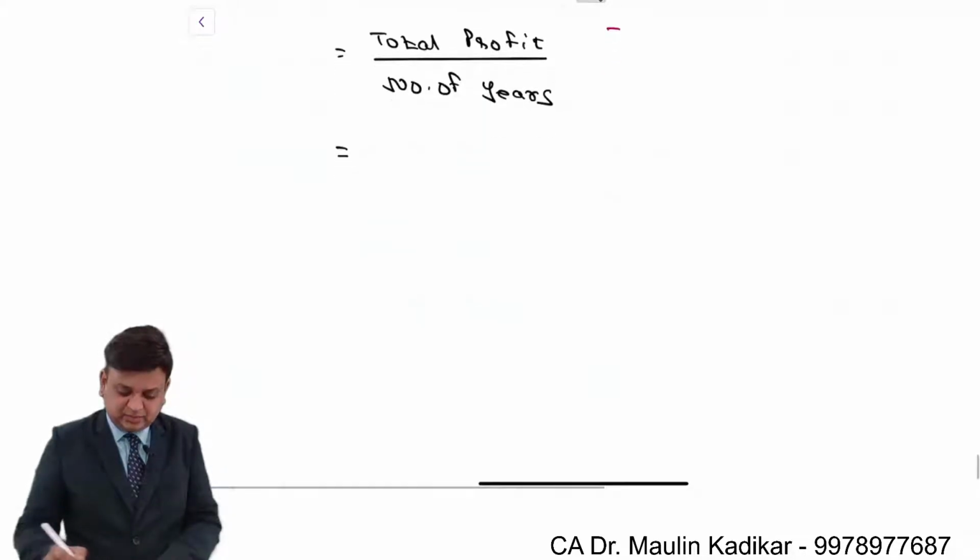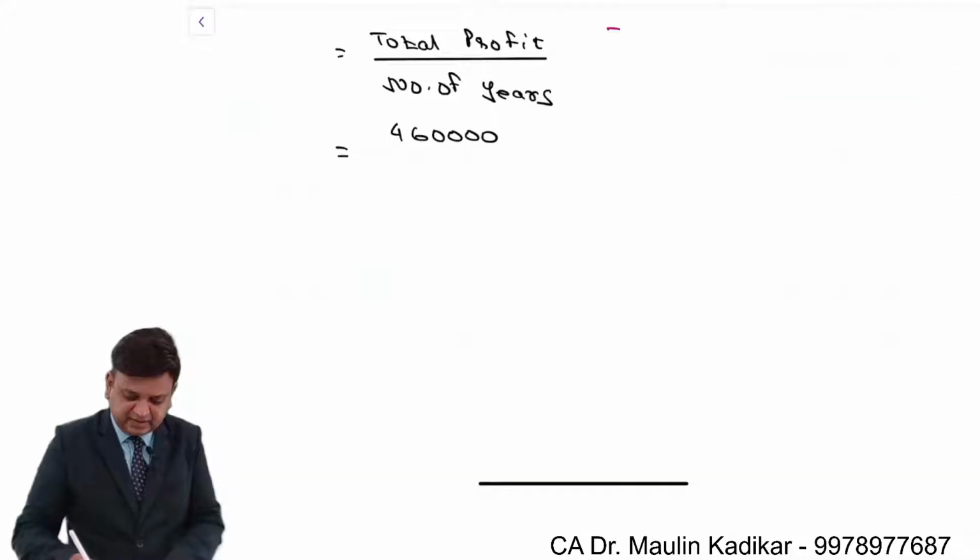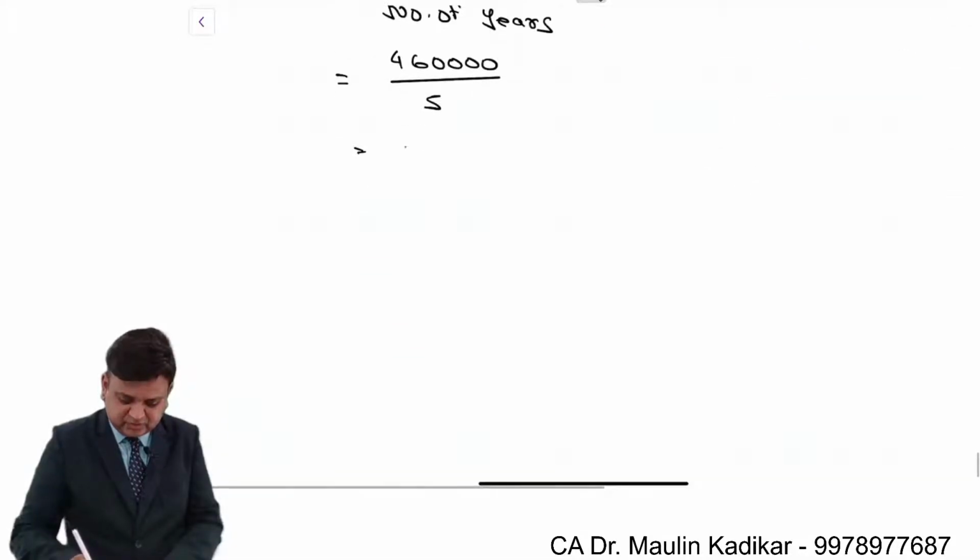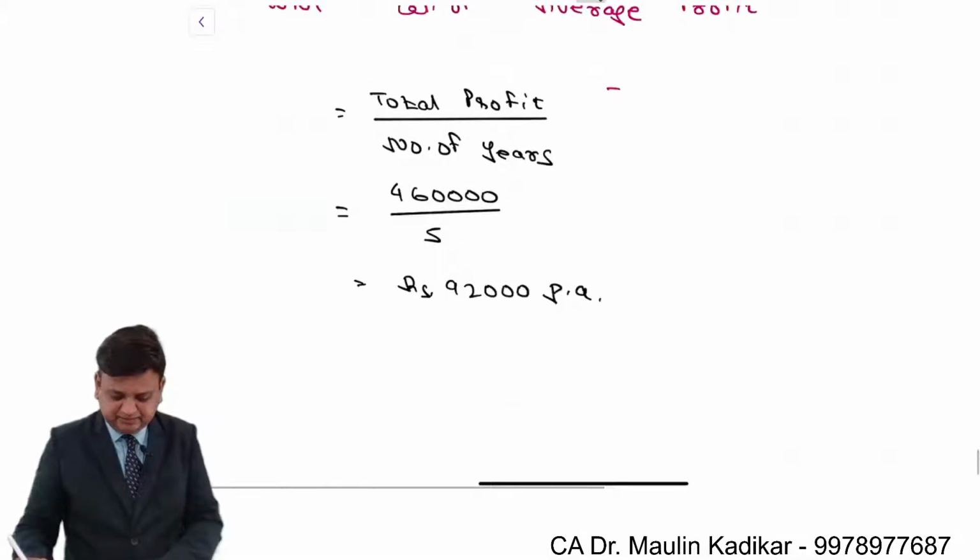The amount of the total profit is 4,60,000 divided by 5. That comes to rupees 92,000 per annum.